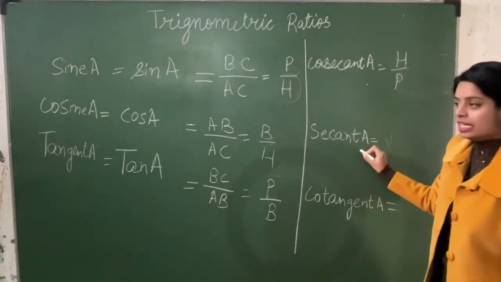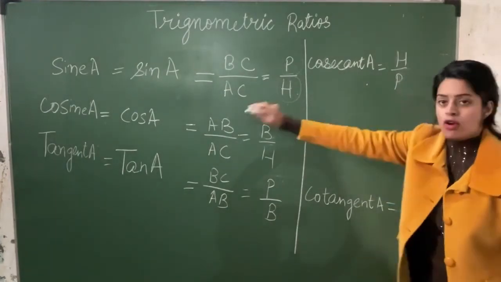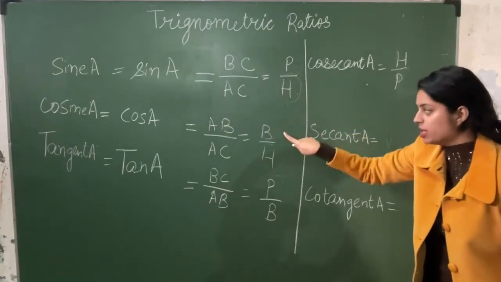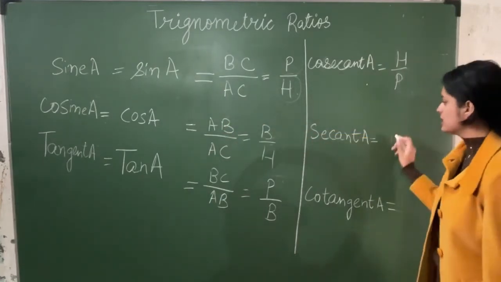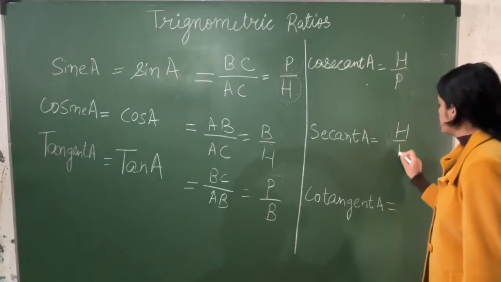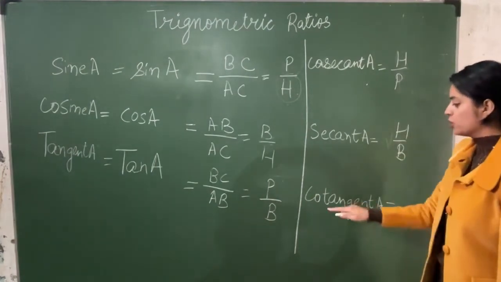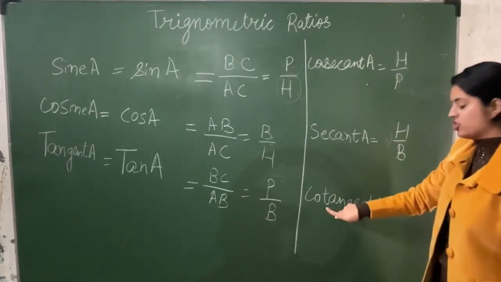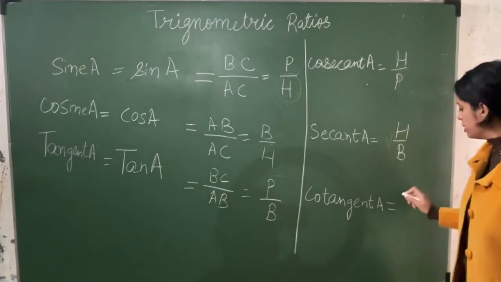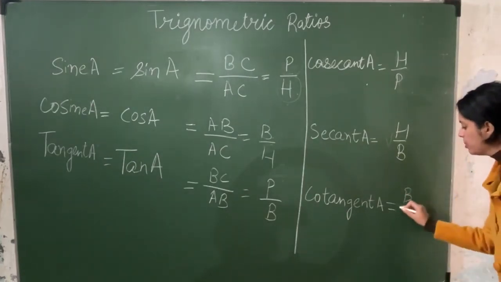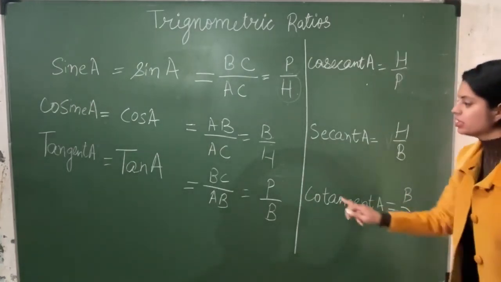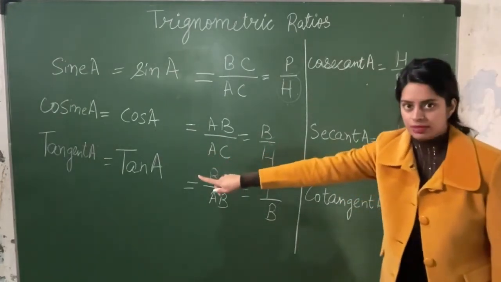Secant A is the reverse of cosine A. Cosine A was base over hypotenuse, so secant is hypotenuse over base. Now you tell me cotangent A, what will it be? Base over perpendicular, the reverse of tangent A.